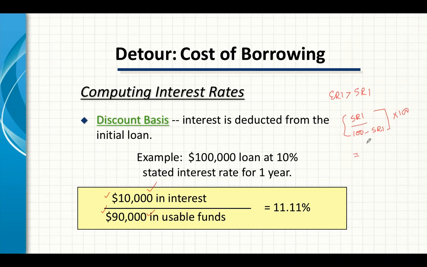What is that? 10 divided by 100 minus 10 will give you 11.11%. You don't care about the amounts, please. In the exam, he may give you lots of bigger amounts. No, just take only the percentage. Stated rate of interest divided by 100 minus stated rate of interest, into 100.